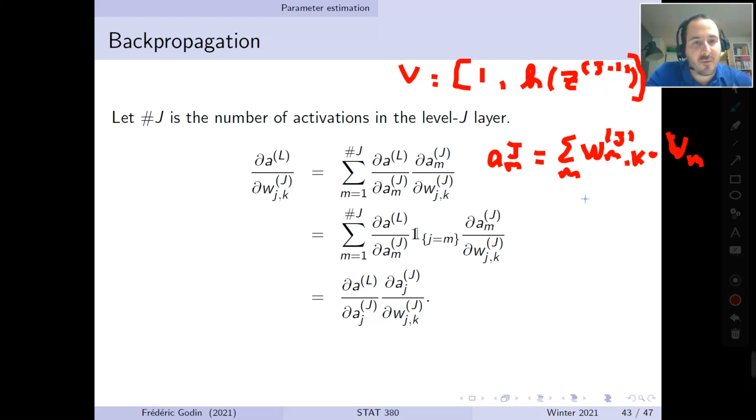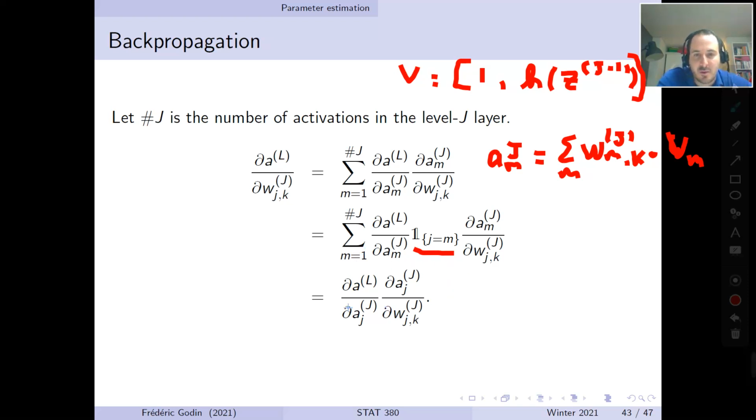Otherwise, all the terms where m is different than j will simply vanish. Because all other terms are 0, we can add this indicator function here, and for that reason, instead of summing with respect to m, we can replace this summation by a single term where m is equal to j.